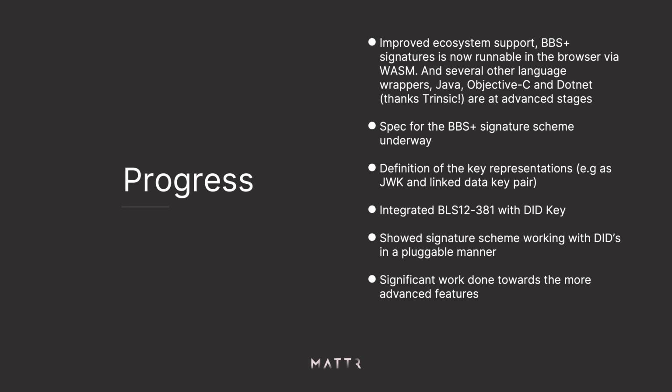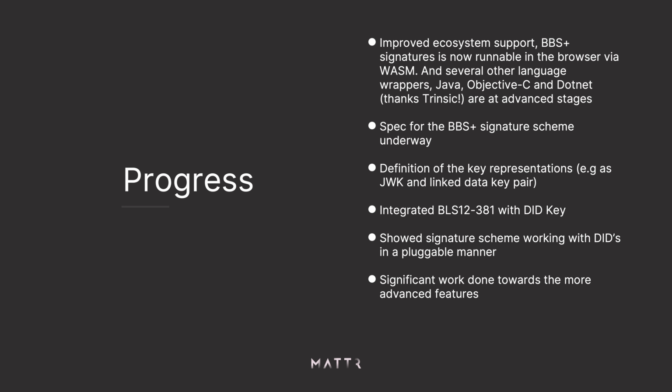That covers the low level digital signature scheme, describing the maths and how we apply it, and the definition for the key representation: how the public and private keys look in standardized key representation structures such as JWK and linked data key pairs. We've demonstrated how you can integrate BLS 12381 as the curve used in BBS signatures, and how that can integrate with DIDs.